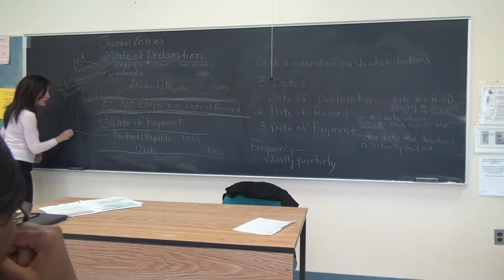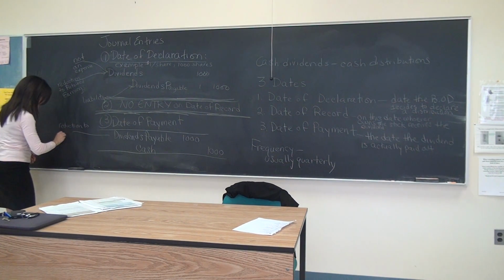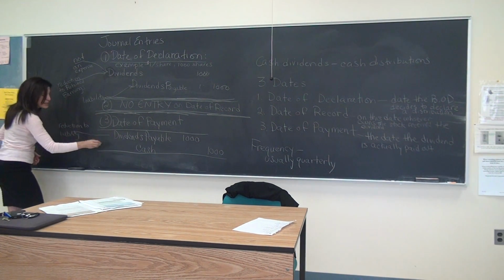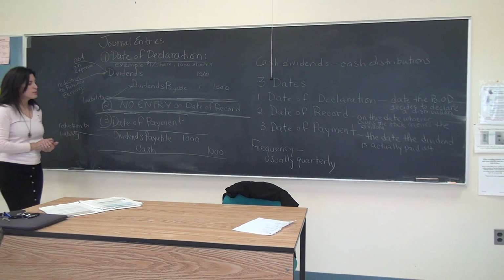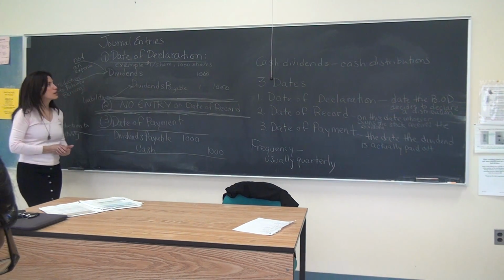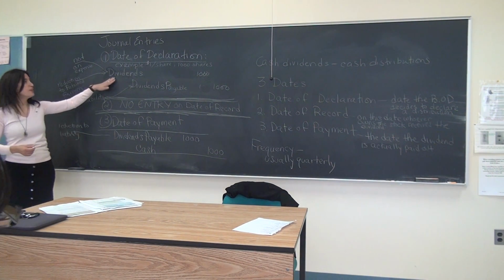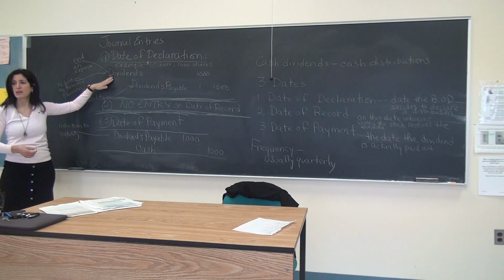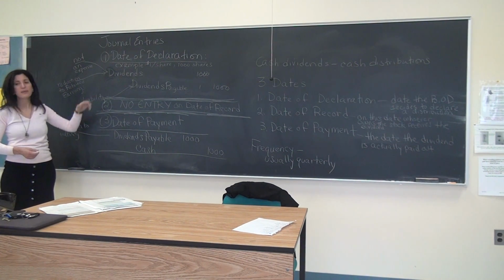Dividends payable here is a reduction to a liability, and cash is a reduction to an asset. That concludes our journal entries for the distribution of cash dividends. When we close dividends, this dividends account will be closed into retained earnings, and retained earnings is reduced by dividends. That's why it is not an expense.